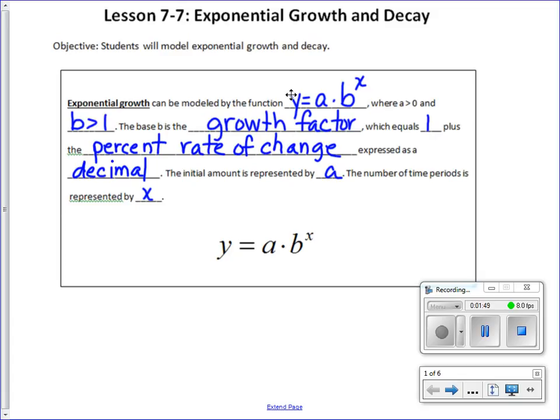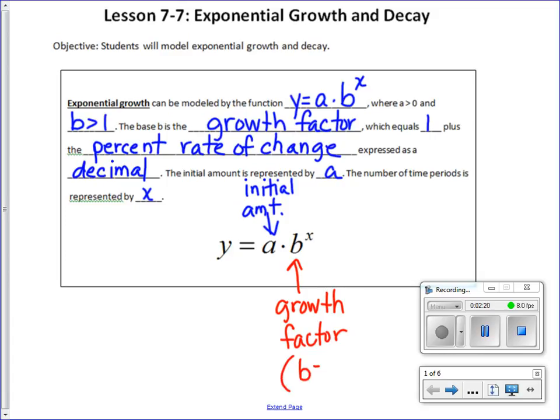So, looking at our figure here, A is the initial amount, and you may want to label this. B is called the growth factor, and it is always going to be greater than 1. And our x is the number of time periods.